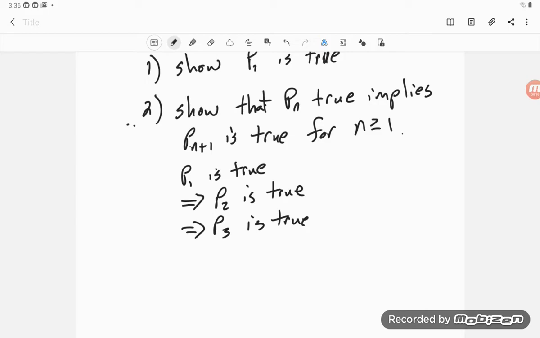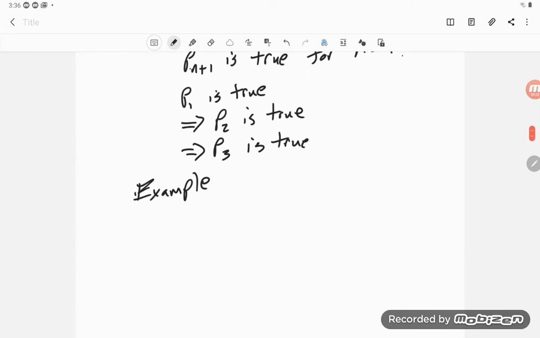Okay, and so let's look at their example. And they do it with a matrix here. They say A is equal to the matrix 7, 4, minus 9, and minus 5.